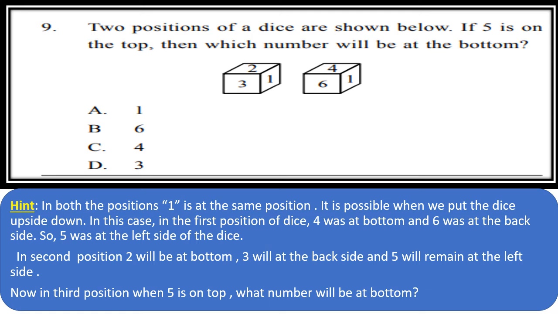Now when we put the dice upside down, in the second position, 2 will be at the bottom, 3 will be at the back side and 5 will remain at the left side. Now in the third position, when 5 is on the top, what number will be at the bottom? So obviously 1 will be there at the bottom.